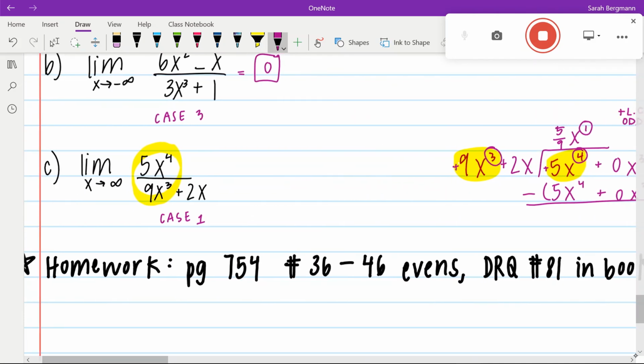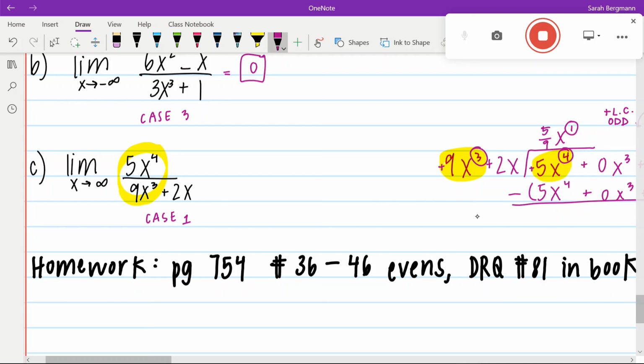Now I go back to my limit. So I just decided that I'm looking at positive leading coefficient, odd power, and I'm looking at the right end. So if I'm looking at the right end, it's going up on the right. So this limit should be equal to positive infinity.